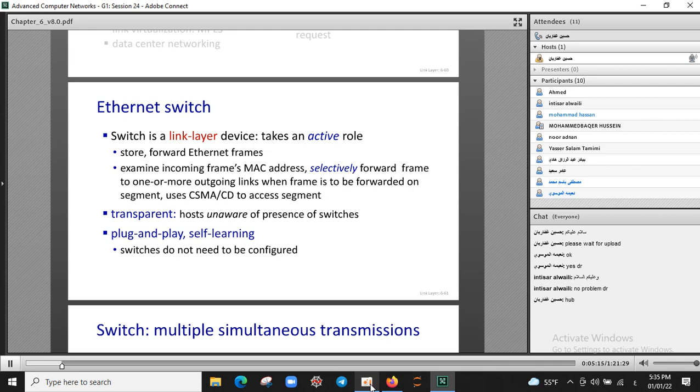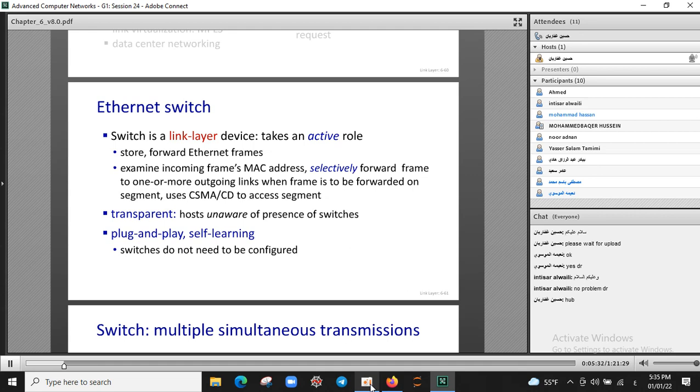So the hub cannot filter them, for example sending this signal only to port number 2, and not to port number 3 or 4.